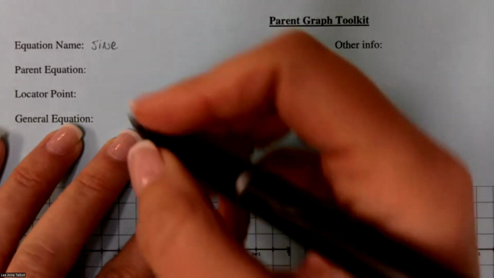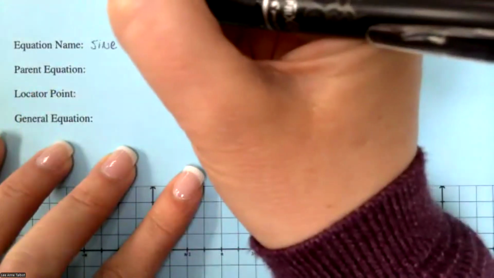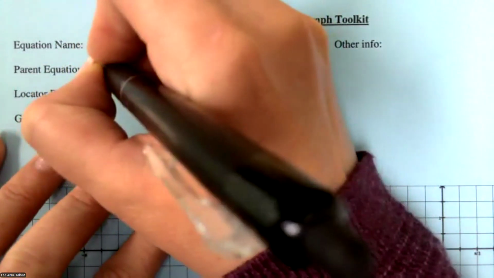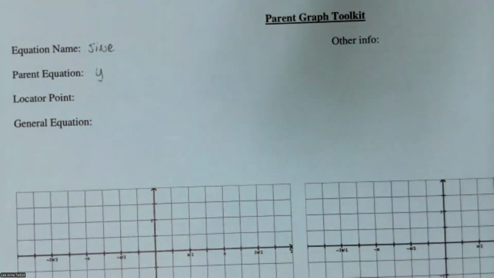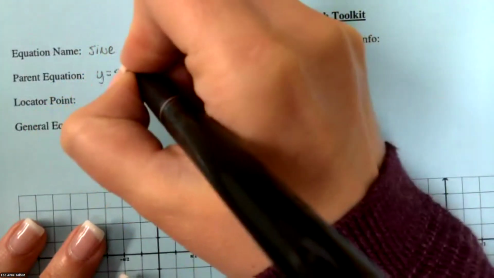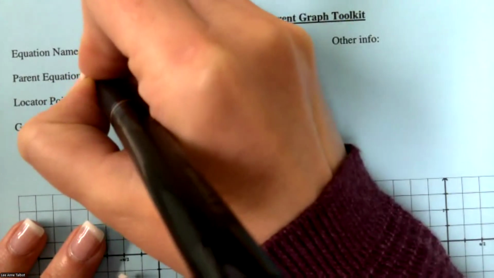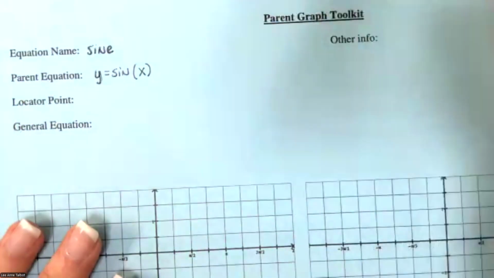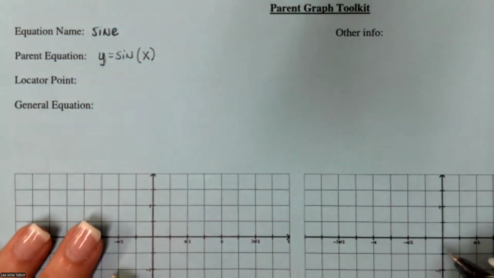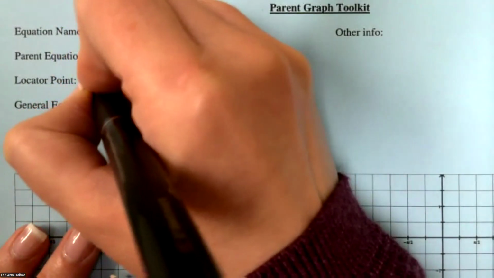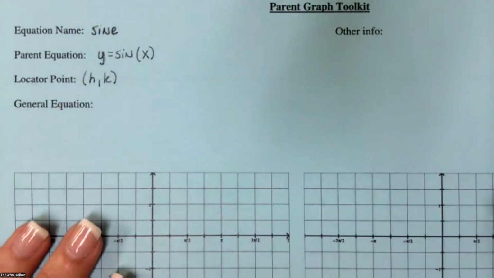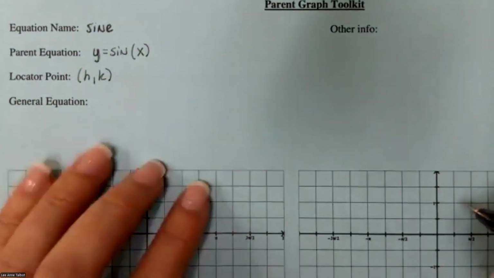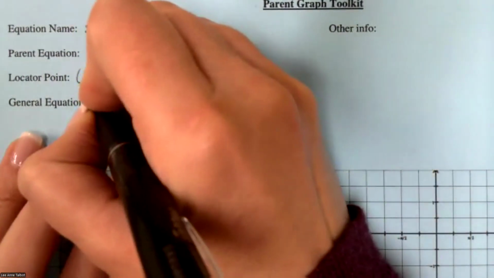Equation name, sine. Parent equation. Okay, this pen is got to go, I think. Okay, this is going to shock you, but the locator point is HK. Ooh, I know. Okay, and here's the general equation.